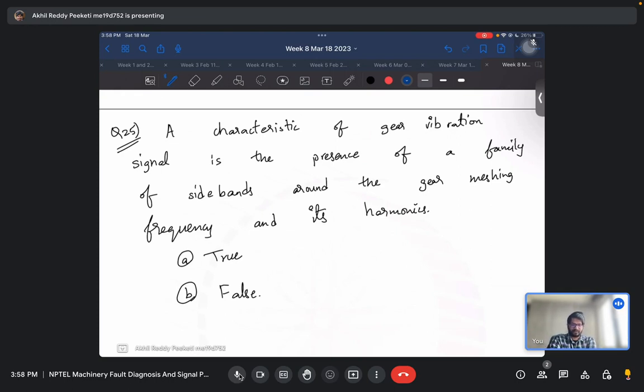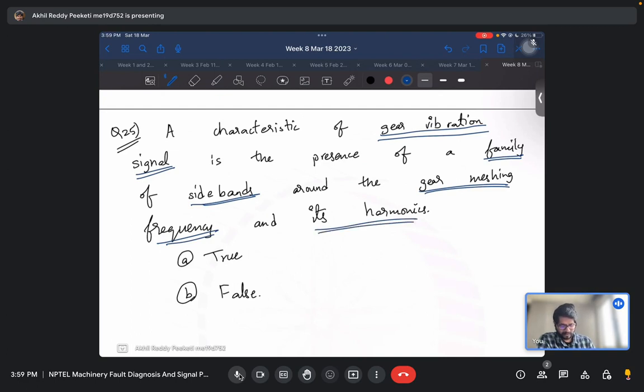Is that true or false? So you'll have a family of sidebands around the gear meshing frequency, and you will also have its harmonics. So the answer is true.